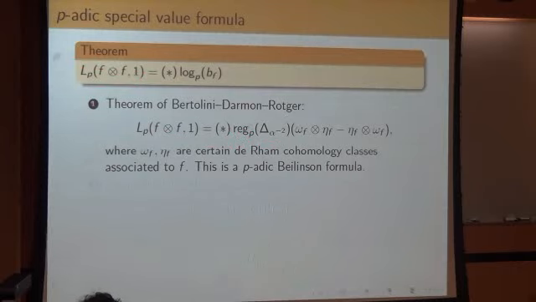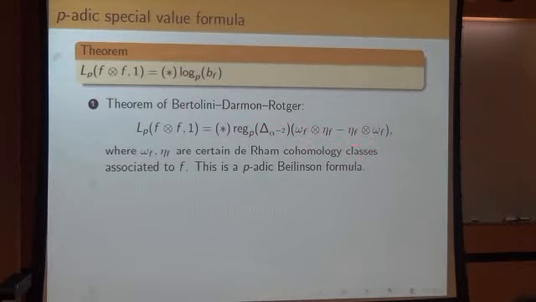Okay, so we have this p-adic regulator associated to the Beilinson-Flach class applied to a certain de Rham cohomology class associated to F. So omega F and eta F are certain de Rham cohomology classes on X corresponding to F. Omega F is just the usual holomorphic de Rham cohomology class corresponding to F, and then eta F is a unit root lift of the anti-holomorphic de Rham cohomology class, which is algebraic.